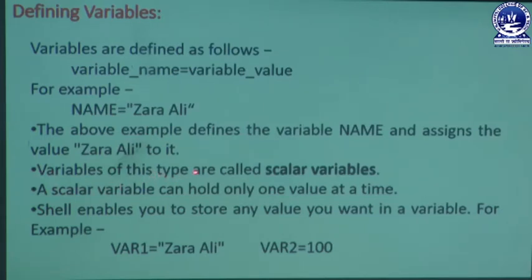Variables of this type are called scalar variables. A scalar variable can hold only one value at a time, because a scalar variable is a single variable, not an array. So it can only contain a single element or constant at a time.